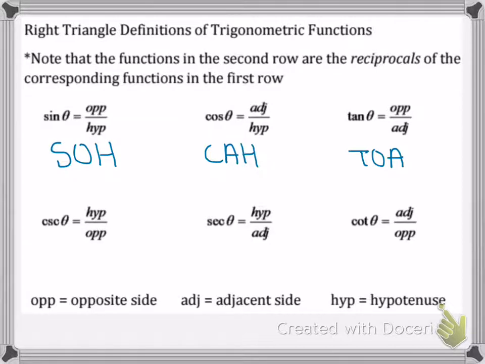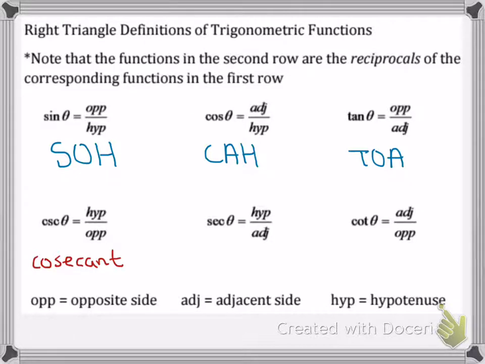Now, the other 3 trig functions are actually reciprocals of these original 3 that we've already learned. Okay, so the first one, cosecant, is actually the reciprocal of sine.